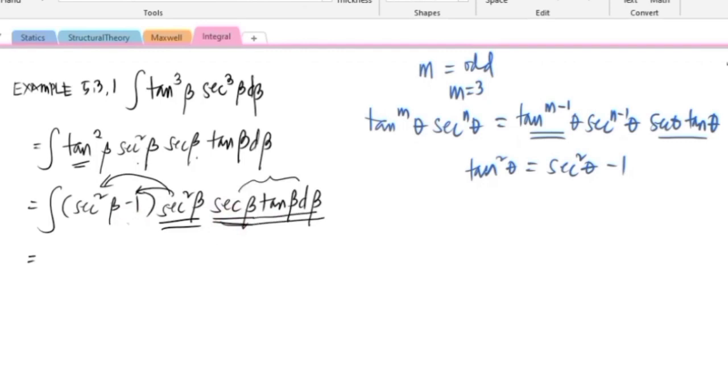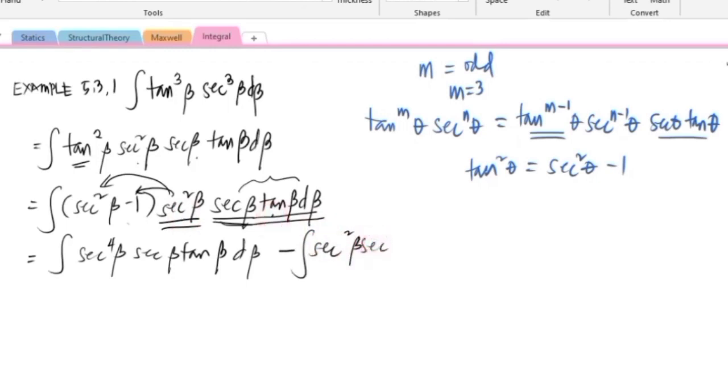Kasi ito yung hinihiwalay natin, yung expression na secant. So, we have the integral of secant to the 4th beta multiplied by secant beta tangent beta d beta minus, ito yung 1 multiplied by this expression, so that's integral of secant square beta times secant beta tangent beta d beta.